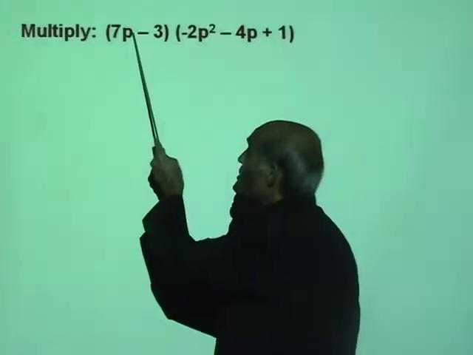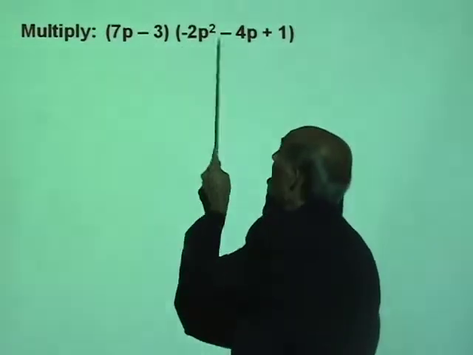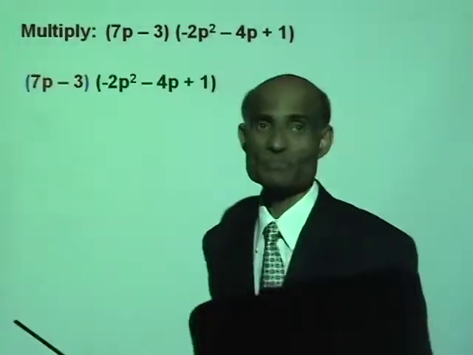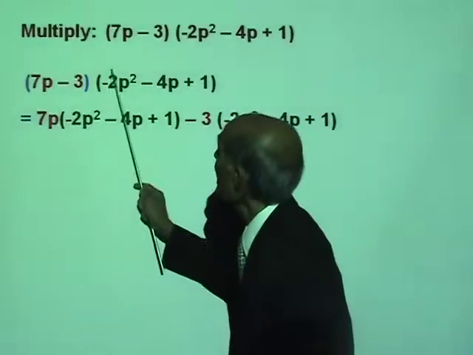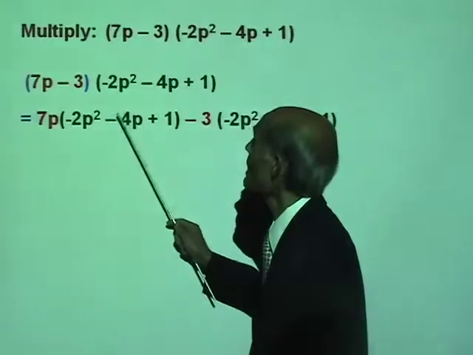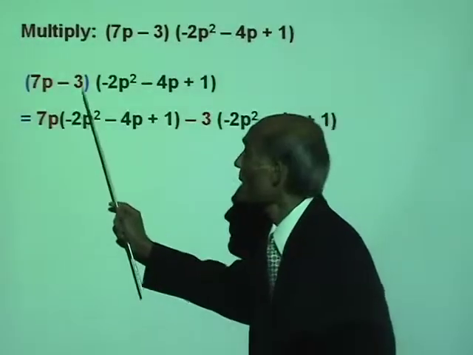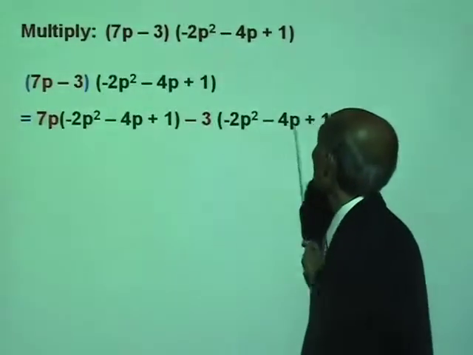Then this negative 3, minus 3, multiplied by the same quantity. Let's write that down. So this is 7p times the quantity negative 2p squared minus 4p plus 1, and then minus 3 times the same quantity.